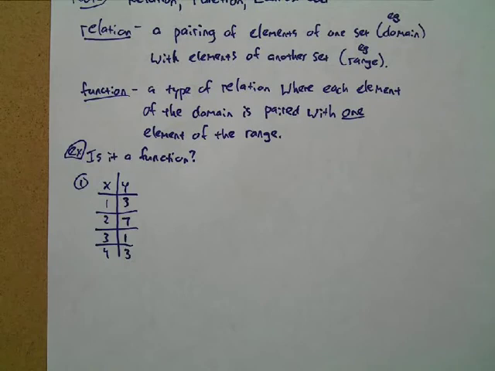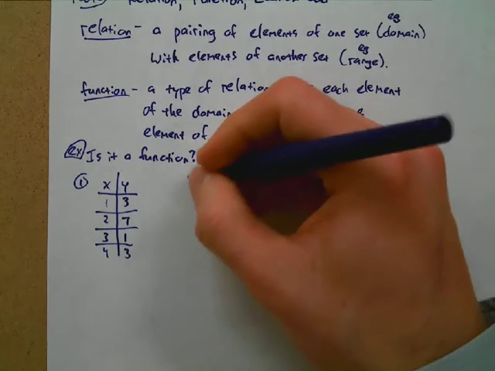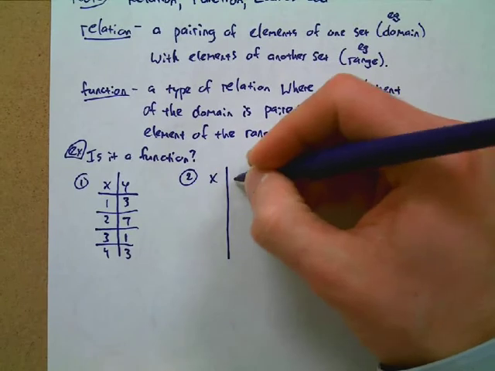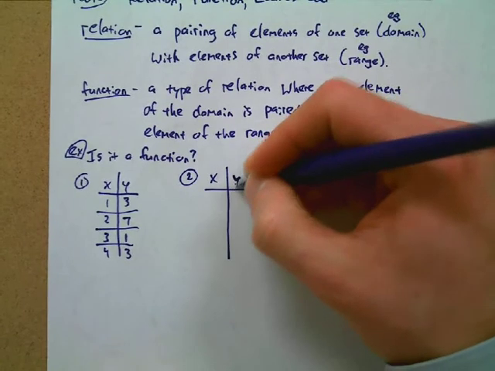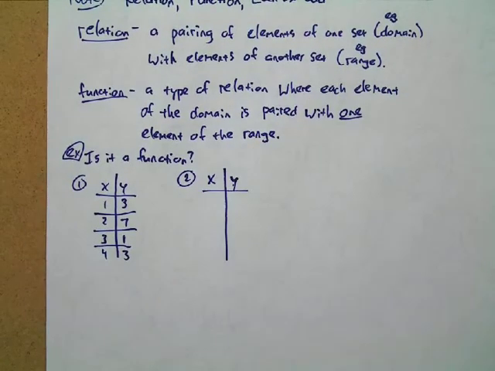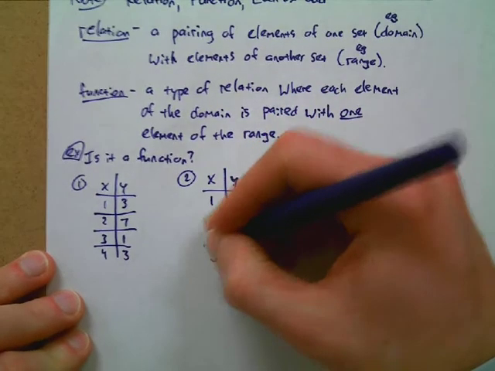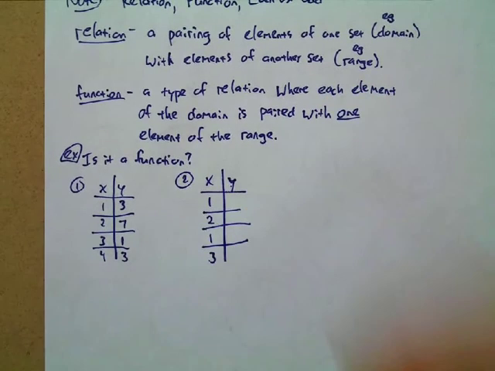Wait, what is it? Is it a function? No? Yeah? Confusing. All right, let me try another one here. Let's try another one. I'm not going to answer the question yet. I'm just going to blindly accept other people's answers. I said no first, and then she said no. So you feel encouraged.